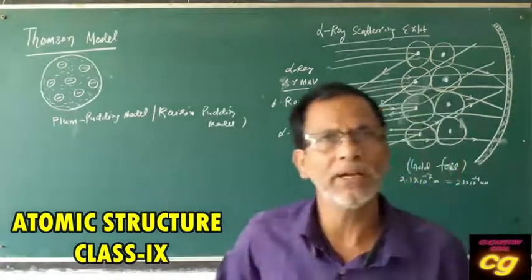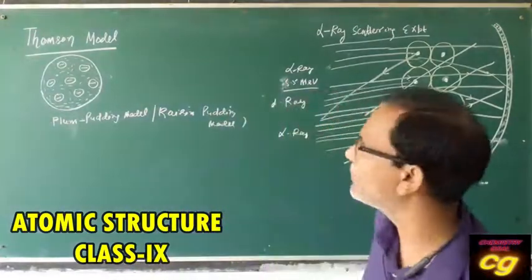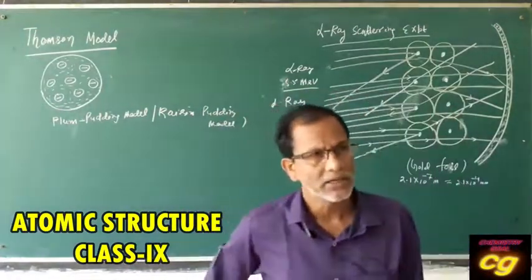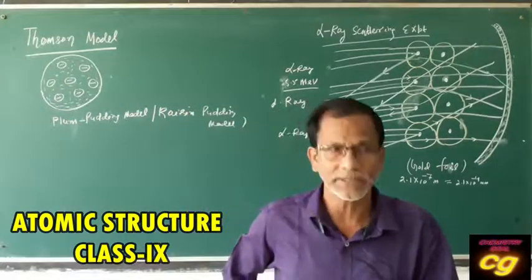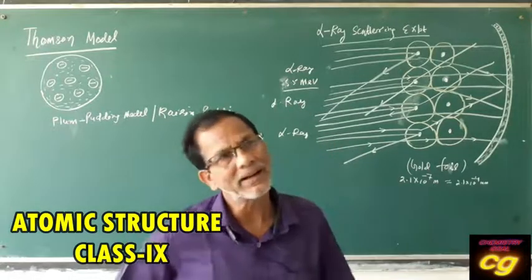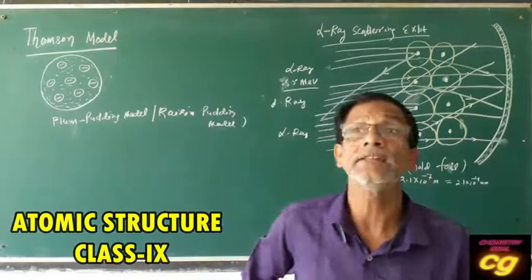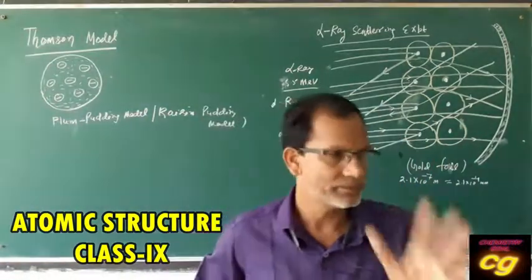These are very small particles present inside the atom. It is experimentally proved. The next attempt by the scientists was to find the arrangement of these subatomic particles. In which place are these particles placed inside the atom? That is a question mark.